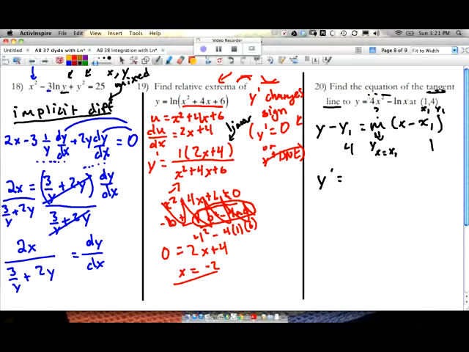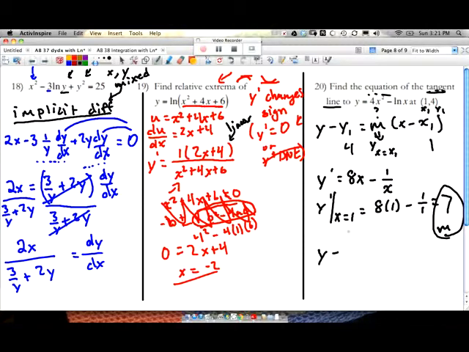Y prime: the derivative of the first term, 4x squared, is just 8x. And the derivative of the second term, natural log of x, is 1 over x. So we evaluate it at x equals 1. So y prime at x equals 1 is 8 times 1 minus 1 over 1, which is 7. So that's my m.